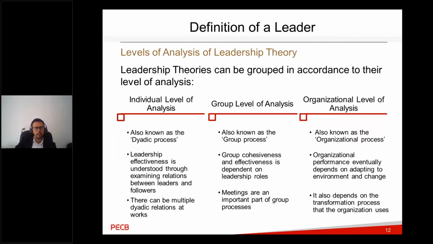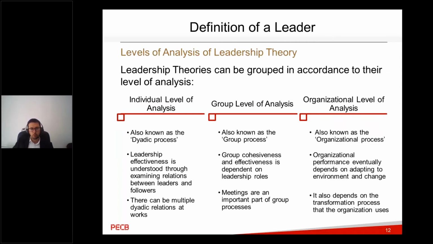So individual level of analysis deals with how people deal with tasks at an individual level. So we are seeking how the individual leader deals with individual followers. So how a leader deals with each of the workers or followers that he has.